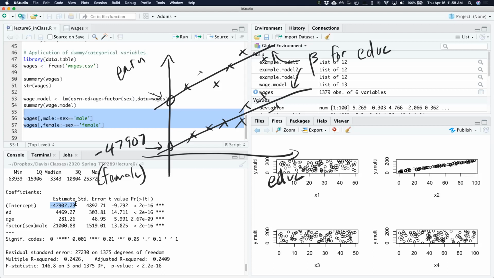And here this is negative 47,907 plus the 21,000, and that would be for a male.